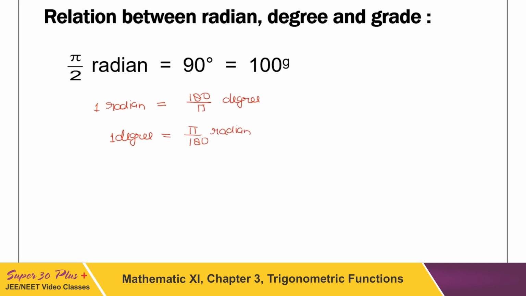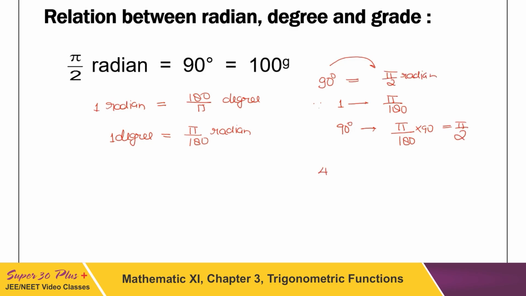Let's see some examples of interconversion. We want to convert degree into radian. That means in 90 degree, how many radian? As we know, in 1 degree there is pi upon 180 radian. This implies in 90 degree, there will be pi upon 180 into 90, which is equal to pi by 2 radian.